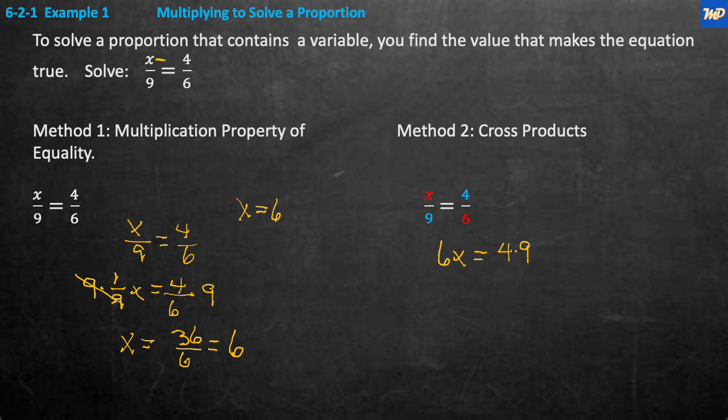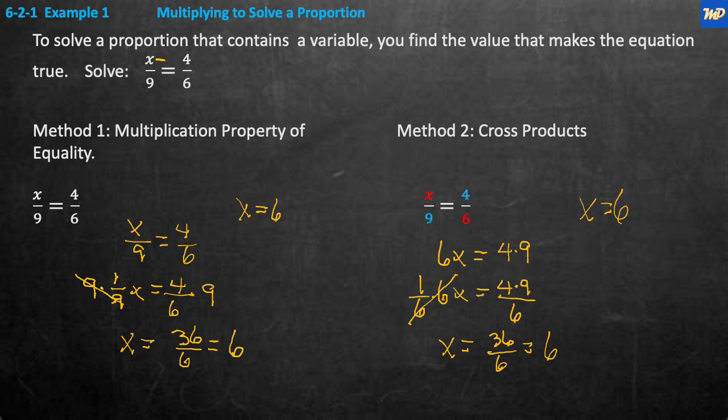So we multiply by the reciprocal of the coefficient: 1 over 6 times 6x is equal to 4 times 9 over 6, because we have to multiply both sides by 1 over 6. The 6's cancel, and we have x equals 4 times 9 is 36, divided by 6 is equal to 6. So here x equals 6.